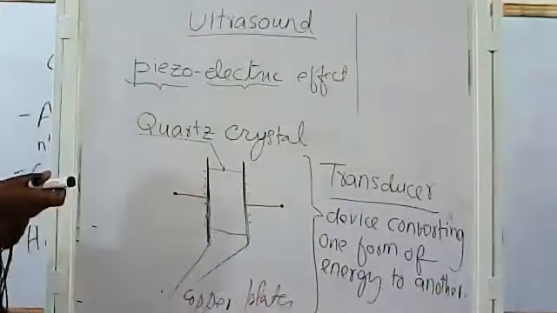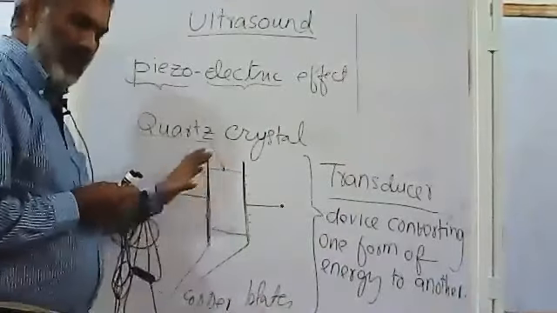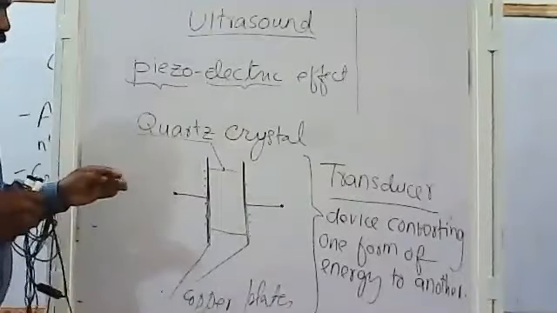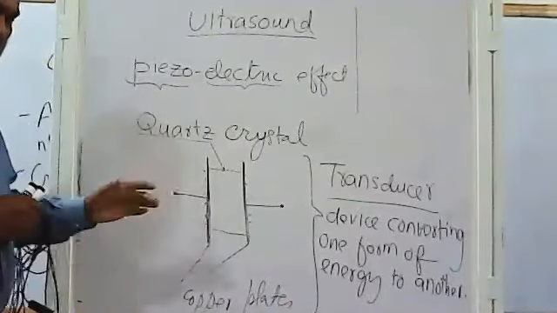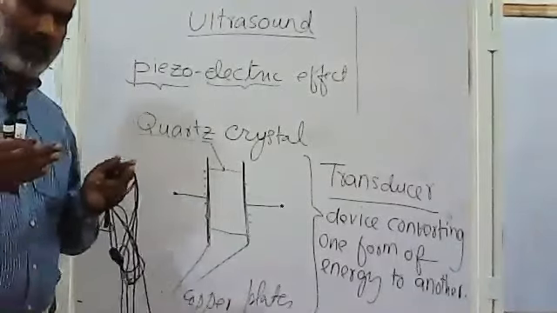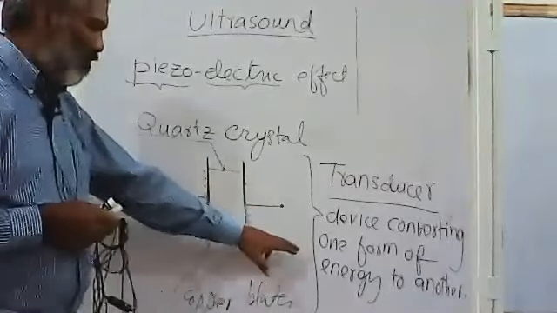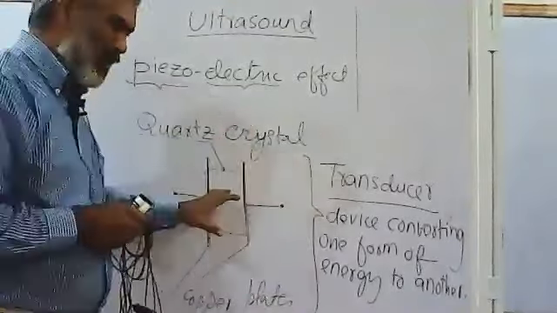So in this case, mechanical energy is converted to electrical energy, and therefore if I apply a voltage to it initially and I vary it quickly, it is possible to create mechanical vibrations in it. So it could be both ways, and that is actually the significance of such a device.